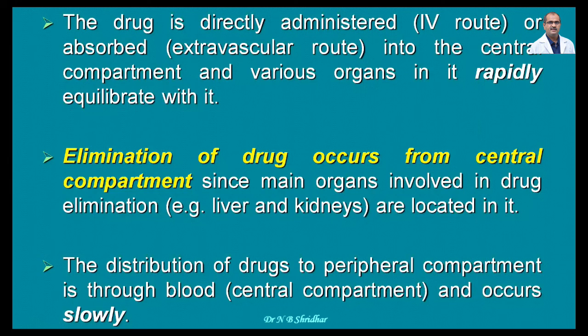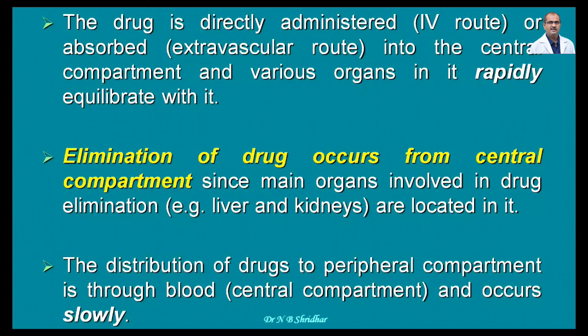Elimination of the drug occurs from the central compartment, especially the liver and kidneys are involved in drug elimination, and the distribution of the drug to peripheral compartments like skin, muscles and other fat tissue, etc. is through blood from the central compartment and occurs very slowly.